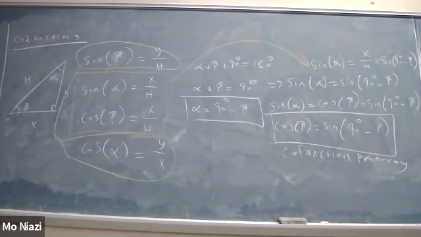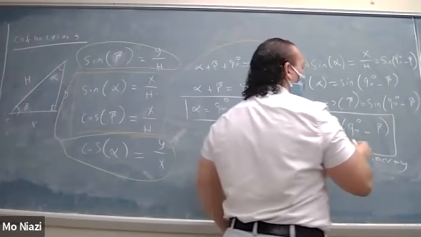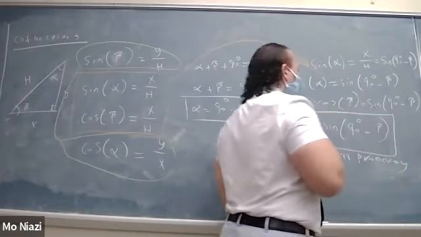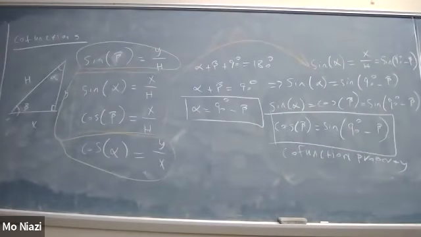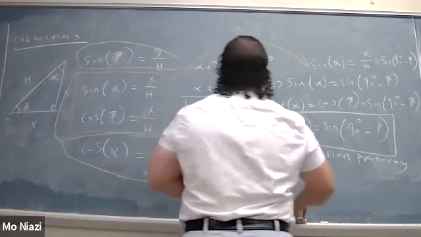Because cosine is the cofunction to sine. And let's derive the other cofunction identity.